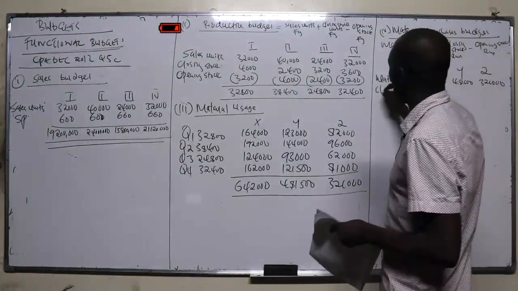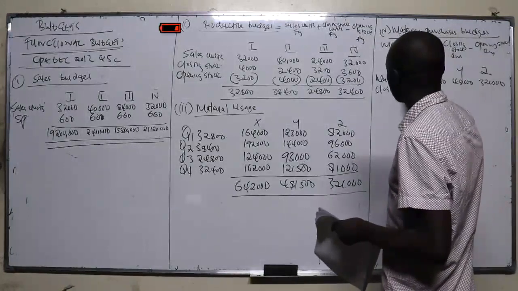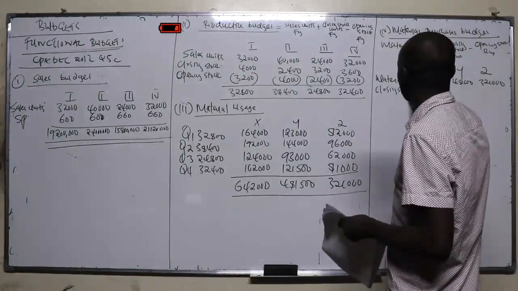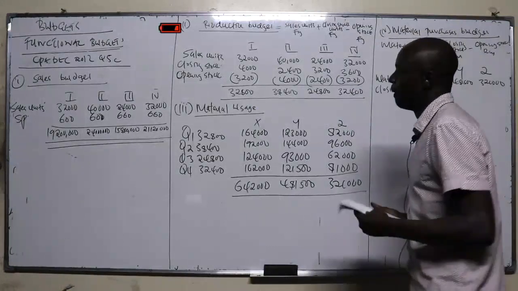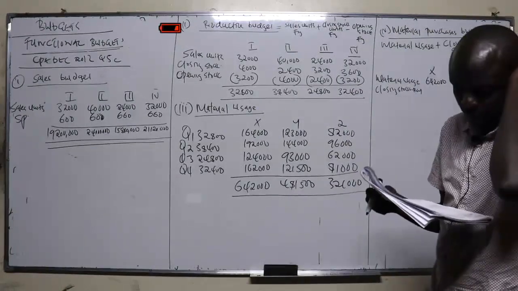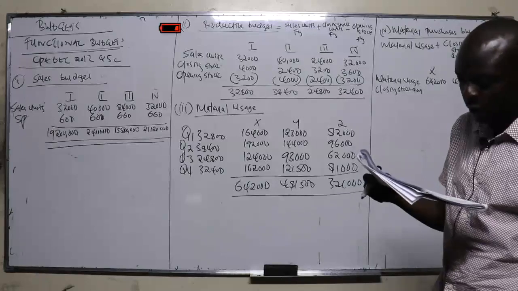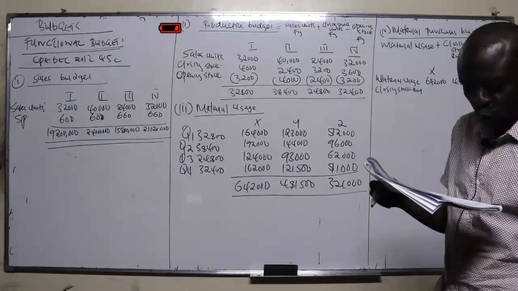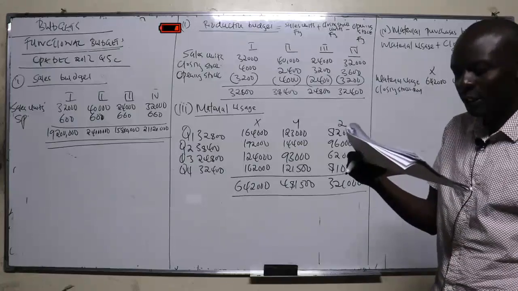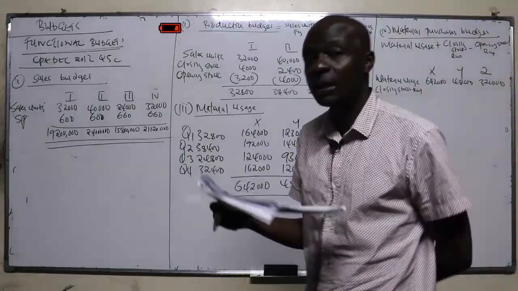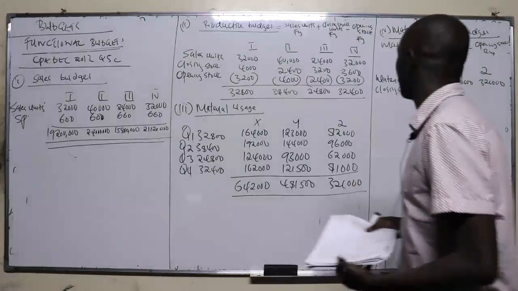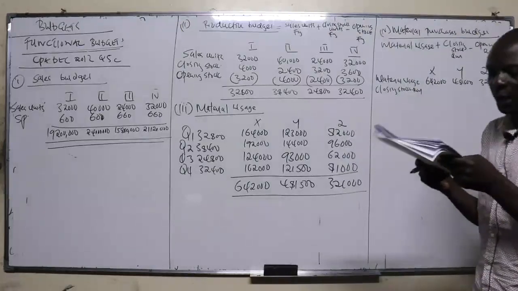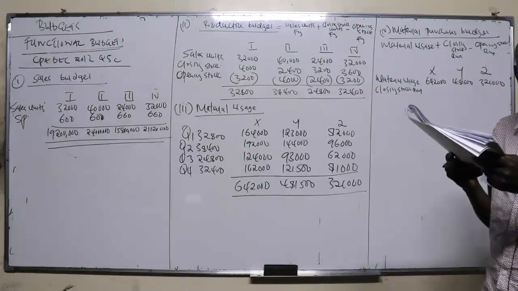Then closing stock raw material. I've been told the closing stock in note number 5. The closing stock raw material is expected to be higher than the opening stock by 10%. So the opening stock you have been given for material X is 3,200.